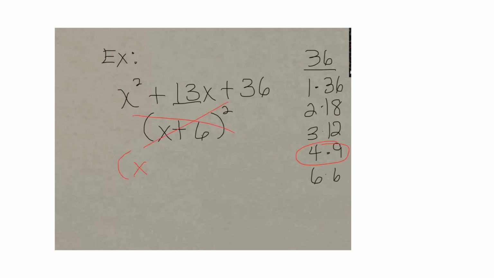Instead, it would be x plus 9 times x plus 4. In this particular assignment, you're going to be finding those perfect square trinomials. But sometimes you'll find out that even though that's a perfect square and that's a perfect square, it doesn't work. So just a thought there.